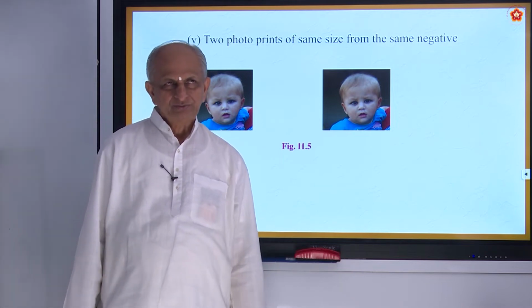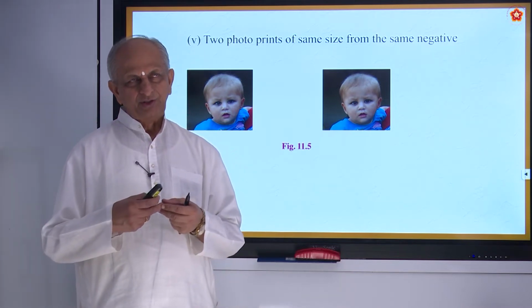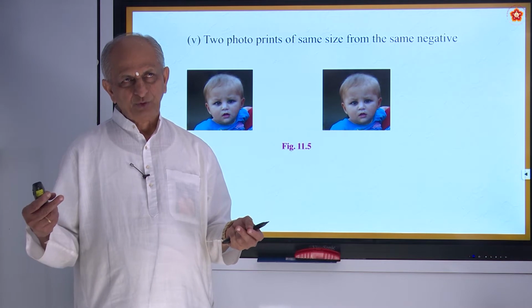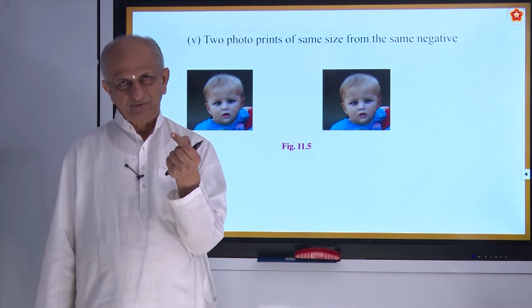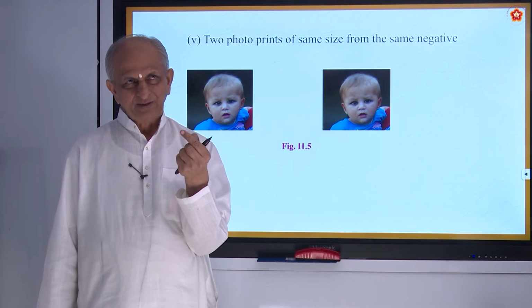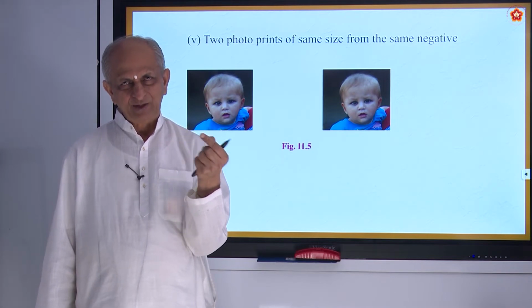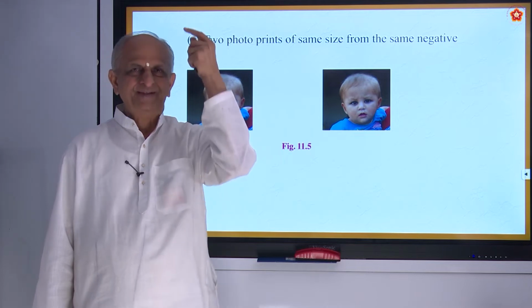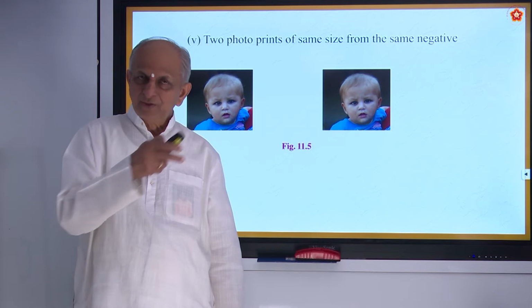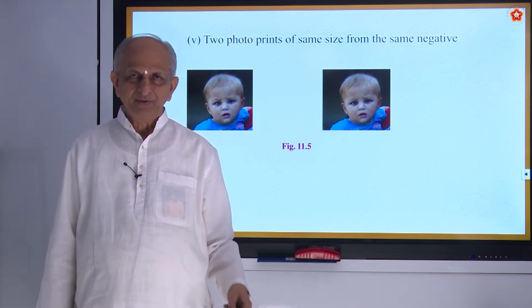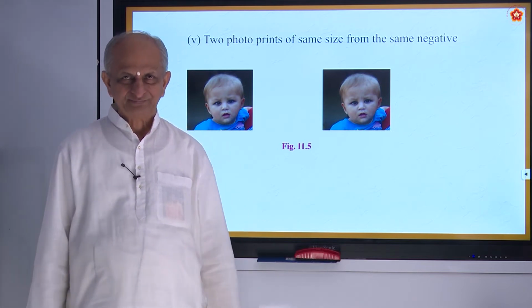And same shape in photo, starts with stamp photo. Then you have a passport size, then card size, cabinet size, A4 size, life size. They are all same photos, same shape, but sizes are different.